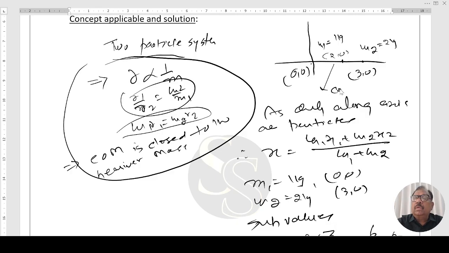Now it is clear. Center of mass is closer to the heavier mass. Right? Next question.